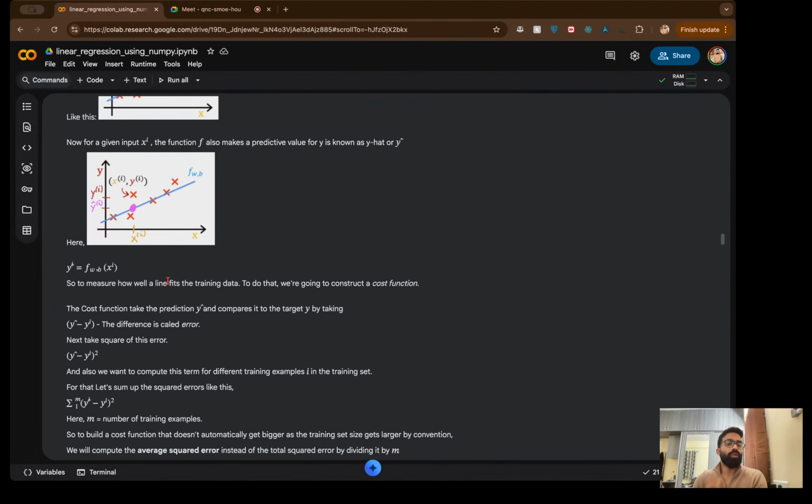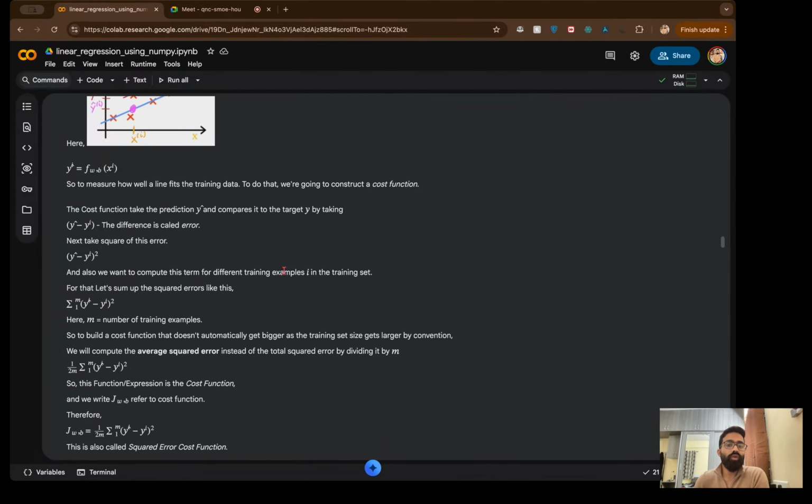Correct. So to measure how well a line fits the training data, we are going to construct a cost function. The cost function takes the prediction y hat and compares it to the target y by taking y hat minus yi. This difference is called error. Now take the square of this error: (y hat i minus yi) whole square.